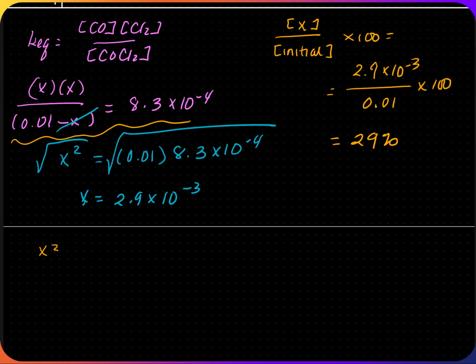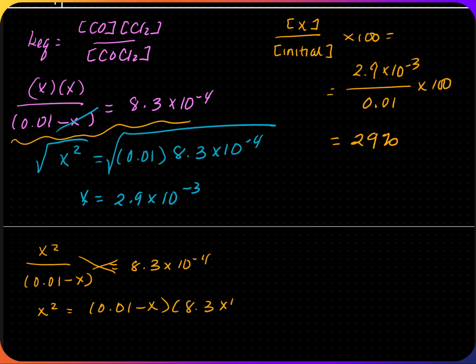So this is going to be x squared over 0.01 minus x equals 8.3 times 10 to the negative fourth. And cross multiply, so this is x squared is equal to 0.01 minus x times 8.3 times 10 to the negative fourth. Now I need to distribute this to the x and then to the 0.01. x squared is equal to 8.3 times 10 to the negative sixth minus 8.3 times 10 to the negative fourth x.